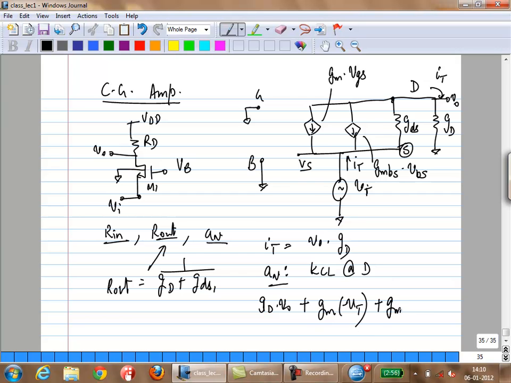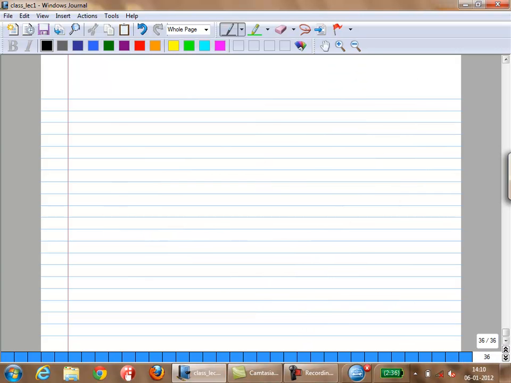Plus again GMBS times minus VT, plus GDS times V0 minus VT, equals 0. Is that clear?